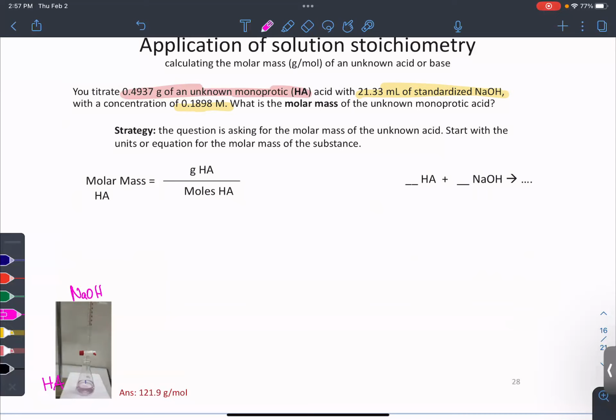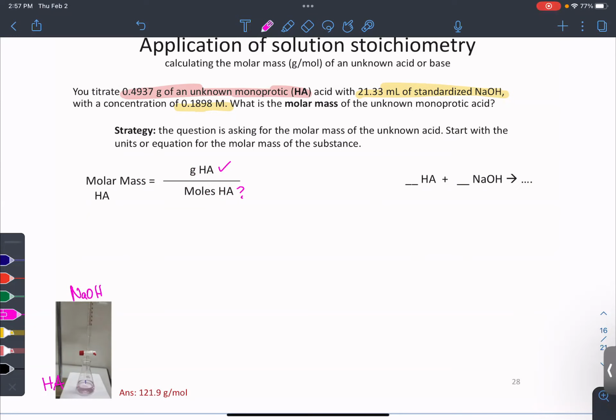So the molar mass of the unknown acid is the gram amount of the acid over the mole amount of the acid. Looking at the information, what part of this fraction do we already have? The numerator, we already have the gram amount, it's given, great. We just need to figure out the mole amount of acid that's present.